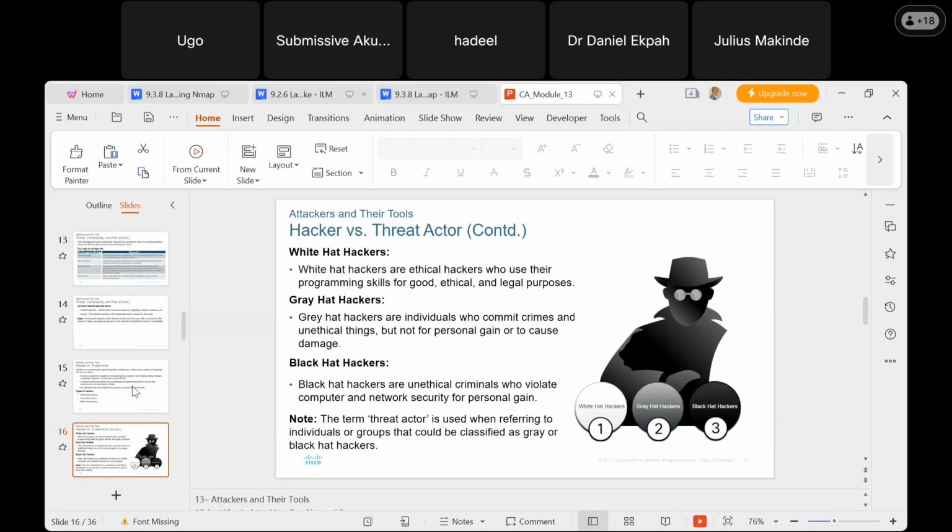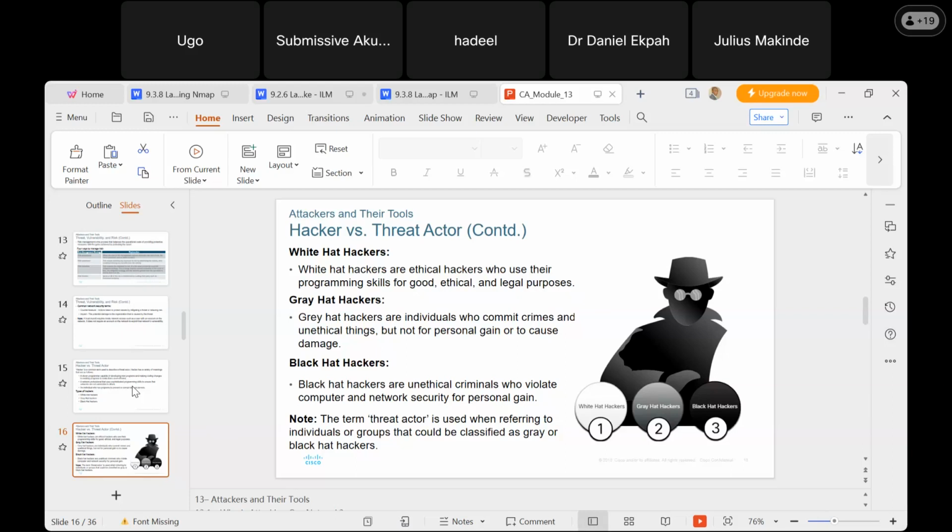And the gray hat hackers are individuals who commit crimes and unethical things, but not for personal gain. Sometimes they can send unsolicited messages, they can flood packets, like a DDoS attack, but not with the intention of causing a high level of damage. But the black hat hackers are unethical criminals who violate computer and network security for personal gain.